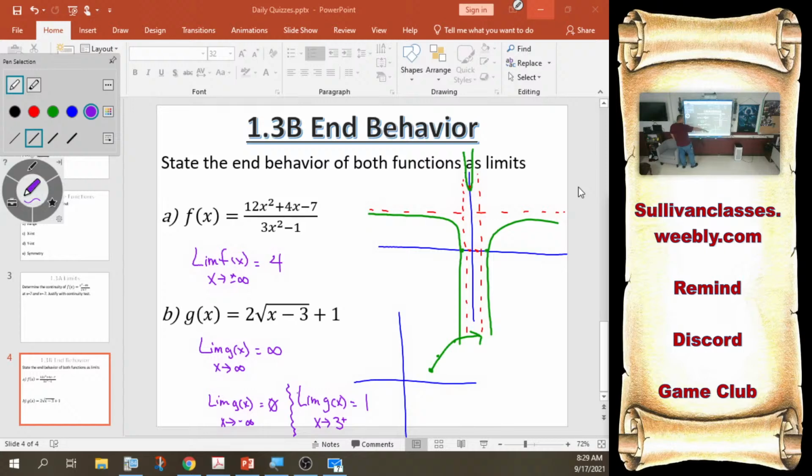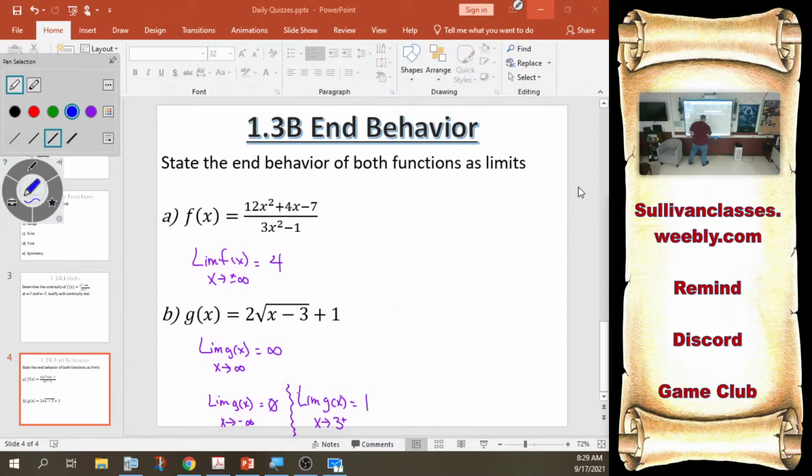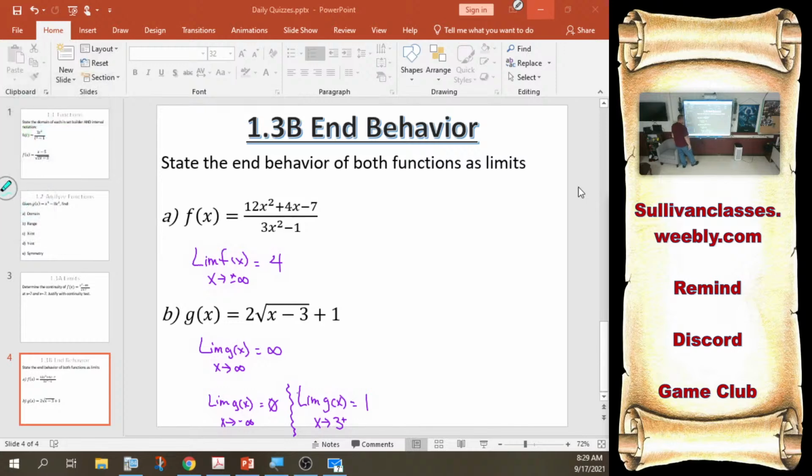Now, you didn't have to have the actual graphs on there. That was just to show you what they look like. We're going to say, did you have correct limit notation? Did you just have limit, function, x approaches a value, equals number?